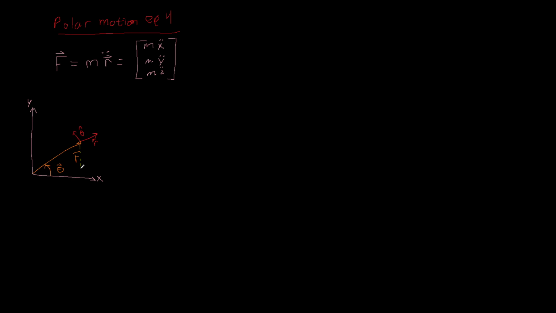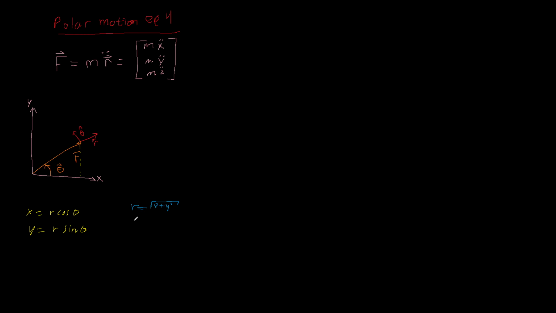Well, very easy. If we have an r, we can go x is equal to r cosine theta, and y is equal to r sine theta, right? How can we transfer between both of these? Well, we can find the radius really easily. It's going to be the square root of x squared plus y squared.